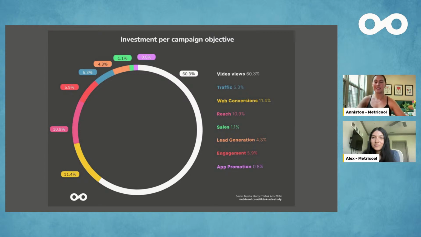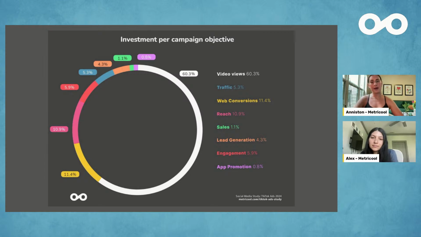The second highest investment is web conversions, which is interesting because it doesn't seem like a super prominent campaign objective, but it makes sense that you're wanting to perform a certain action, so you're going to spend more investment in that.